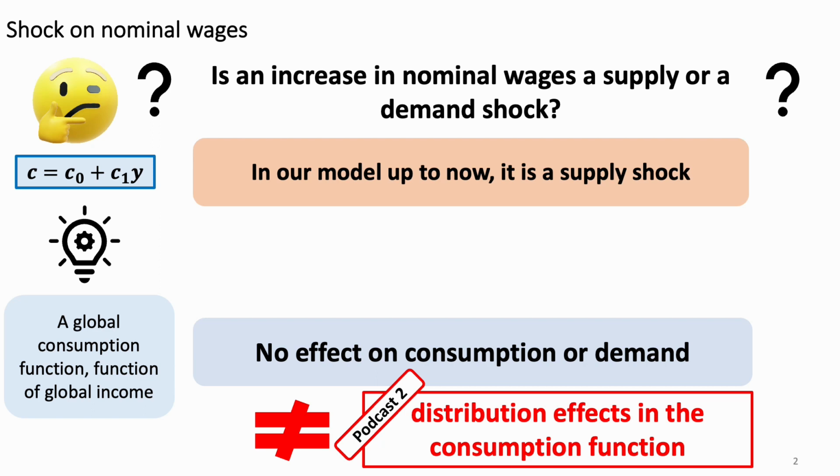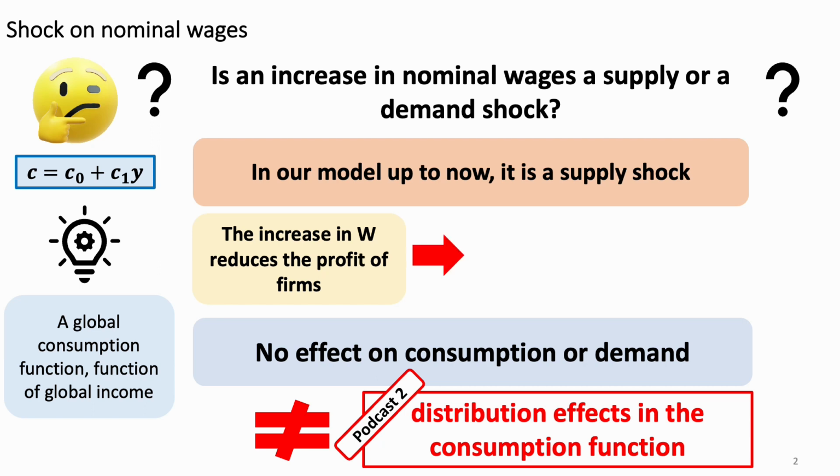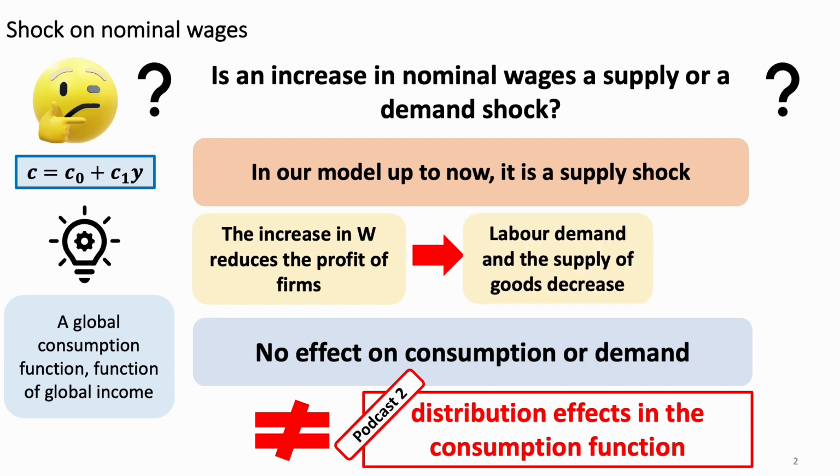Indeed, all other things remaining equal, an increase in W leads to an increase in real wages. So the real cost of labor increases and profits decrease. Firms will demand less labor and supply less goods to maximize their profit.